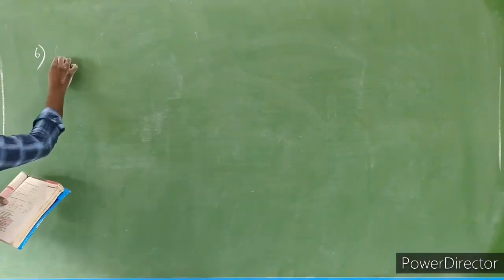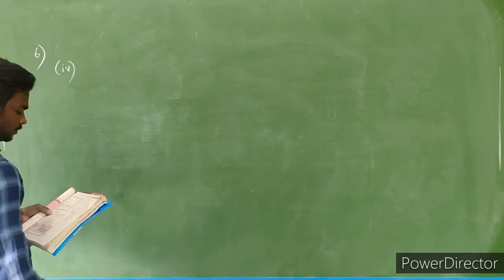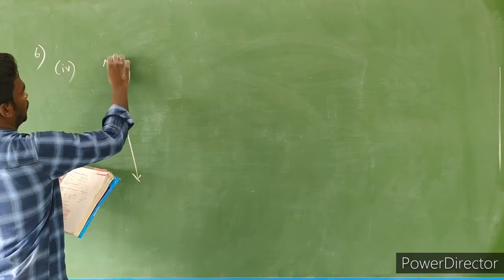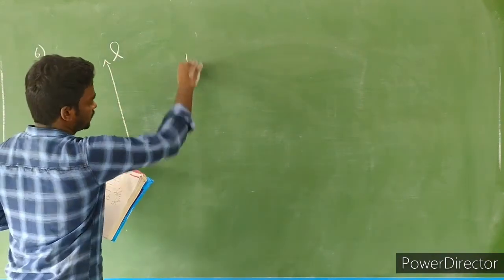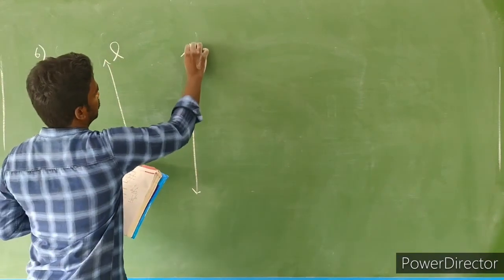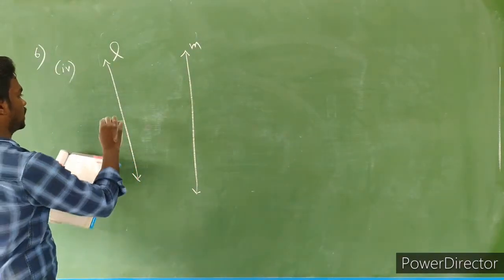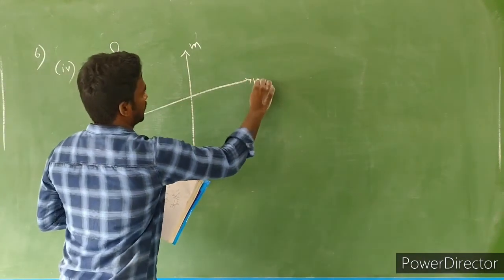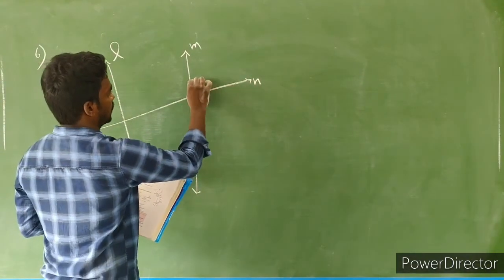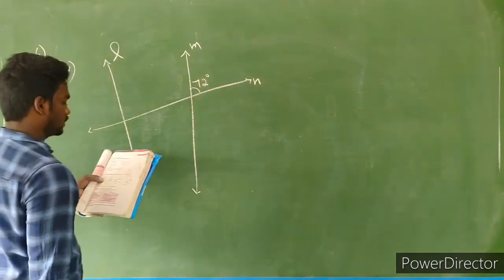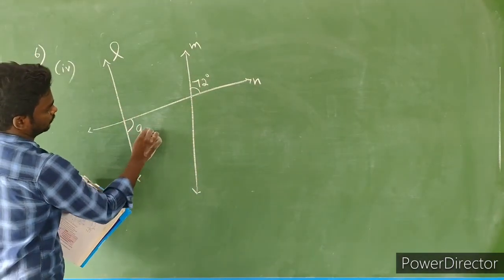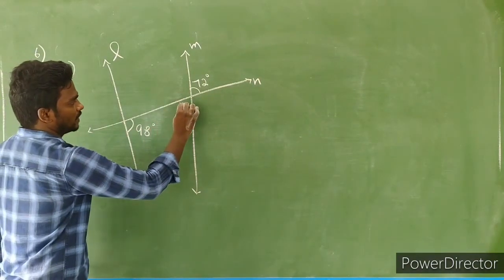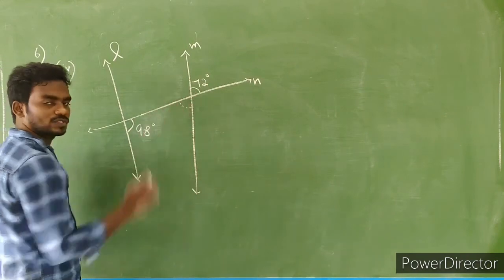Next, our final, fourth question. Line L is here, and line M is also given. These two lines L and M are given, and this is a transversal line N. Here N is a transversal line and this one is 72 degrees. Next, 98 degrees. How to check whether these two lines are parallel or not? These two angles are vertically opposite angles, so this is also 72 degrees.